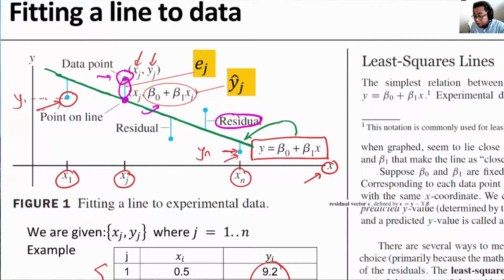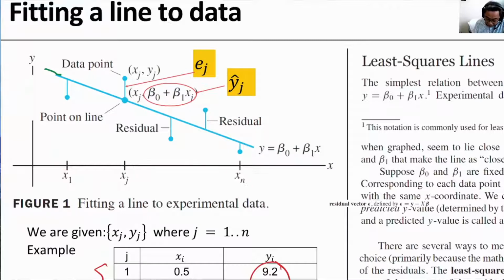Let's introduce some notation here. Typically, when we want to predict y, we add a little caret on top of it to say that this is the estimated y for time index j.